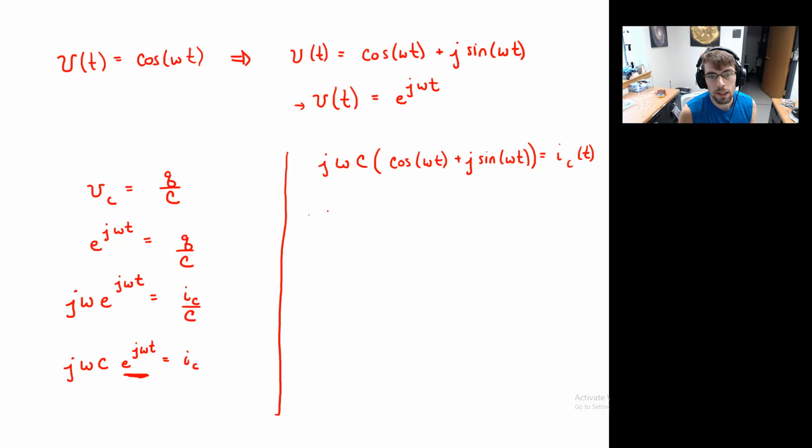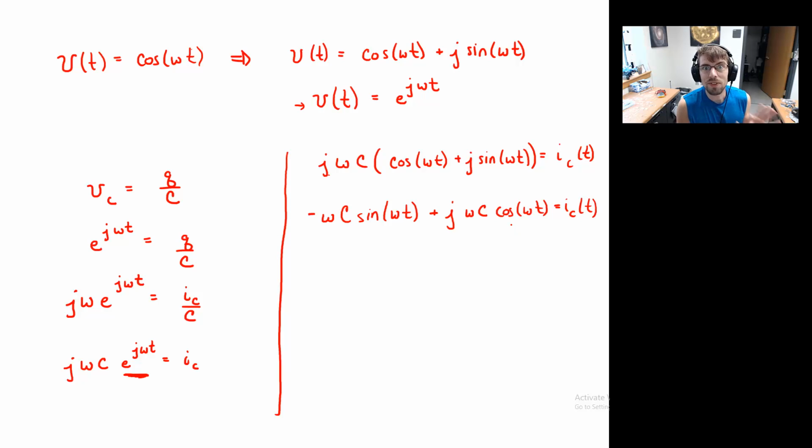So we get a j times j, which gives me a negative omega C sine of omega t, and then we have a term involving only imaginary numbers, plus j omega C cosine of omega t, equals I_C of t.